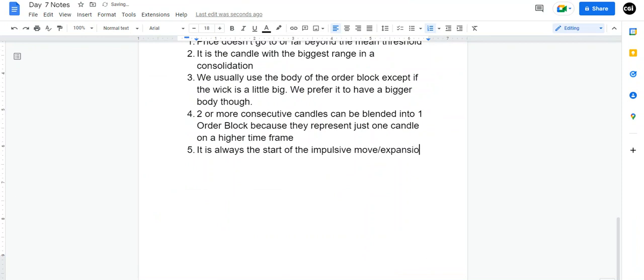It's always the start of the impulsive move or expansion. So don't ignore the start of the wave. Always keep it in mind.